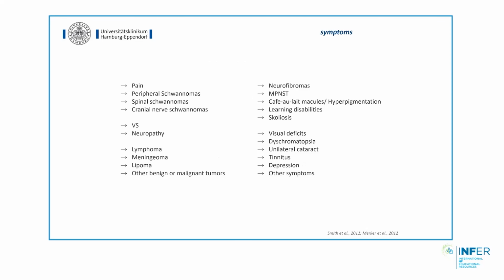As I mentioned before, intradermal schwannomas and ocular symptoms, as well as spinal ependymomas, are very specific for NF2-related schwannomatosis. So what is specific for non-NF2-related schwannomatosis? Looking at clinical studies addressing this issue, a ton of possibly related symptoms can be found in the literature.